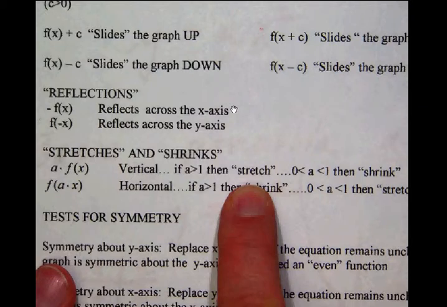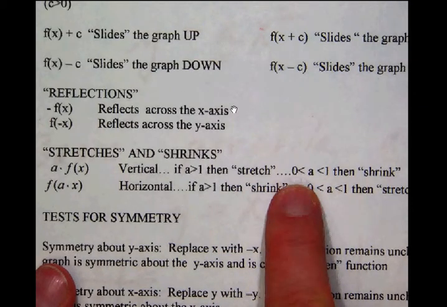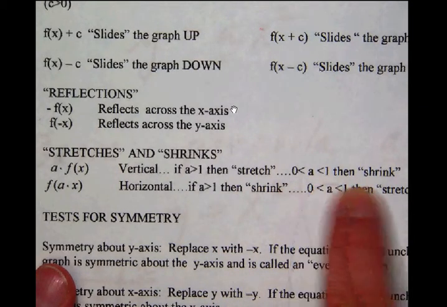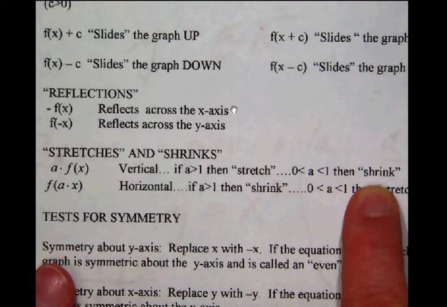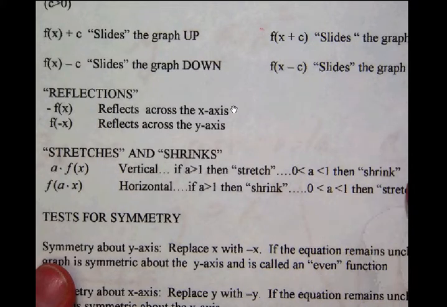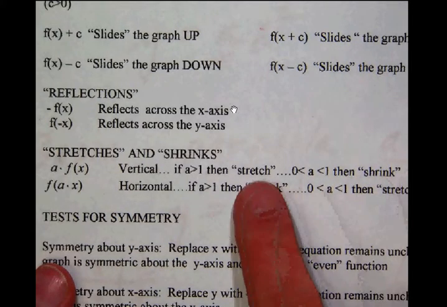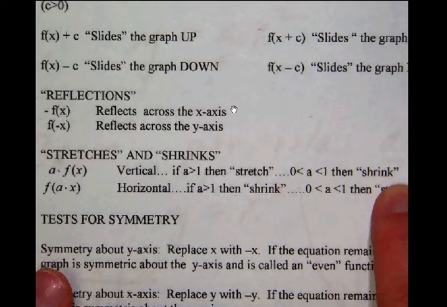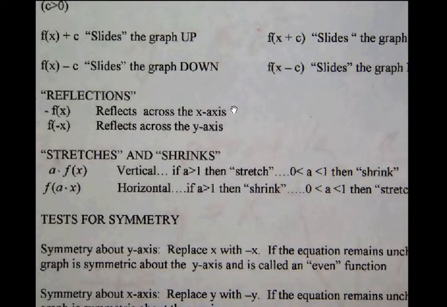Otherwise, if that number is between 0 and 1, in other words a fraction, it's going to cause that to shrink. It's going to cause that number to actually be shrunk down, or to be compressed in the vertical direction. So stretched and compressed might be another way to say that. So let's look at that particular transformation, that stretching and shrinking, or stretching and compressing in the vertical direction.